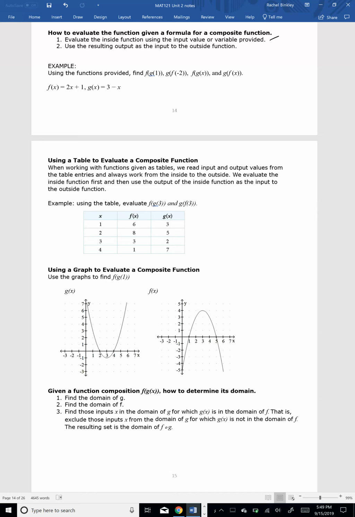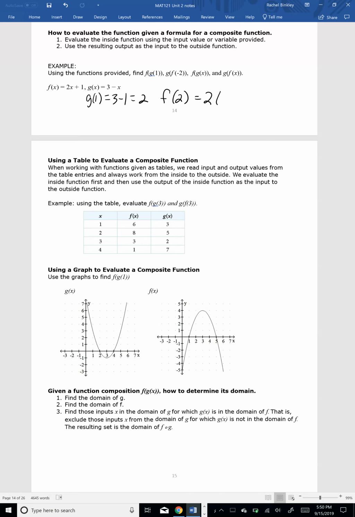So f of g of 1 means that I'm going to take my f of x, but everywhere I see x, instead, I'm going to put g of x, right? But we don't want to get to this hard part first since we are having numbers. So I'm taking g of x and I'm making it 1. So if my input is 1 here, my output is going to be 2. So 2 becomes what I input into f.